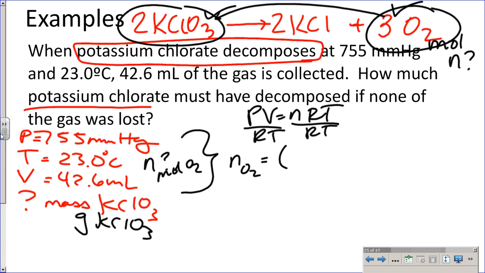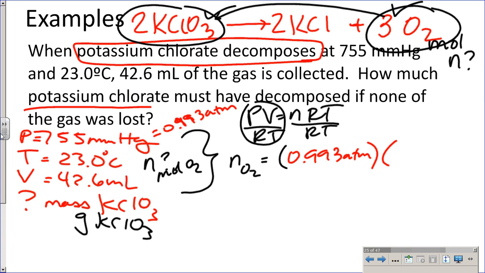All right, so my PV, this is what I'm plugging in, okay? My P, it's not in good shape, right? What is that? 0.993 atmospheres, thank you. I'm good with you just writing it like that. You don't have to show your work for that conversion. So that's just 0.993 atmospheres.